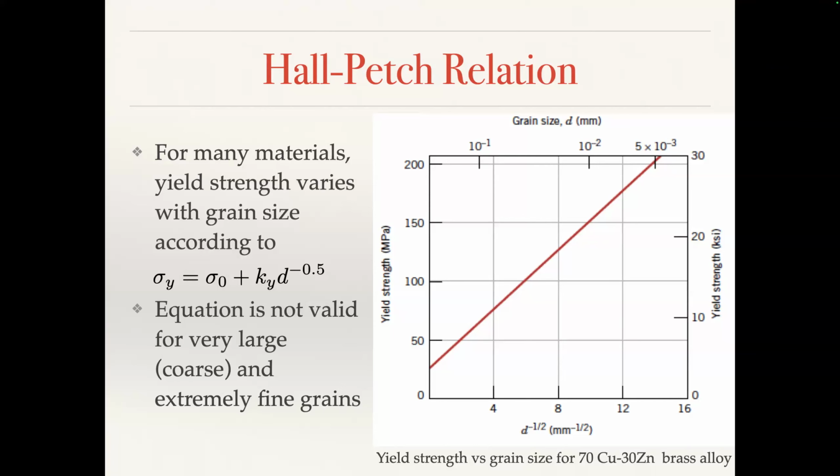Now, if you are doing extremely slow cooling, then what happens? The cooling rate is very low, so you are giving enough time for diffusion to take place, isn't it? And hence from the nucleus, you will have larger and larger grain size if you have a very slow cooling rate.